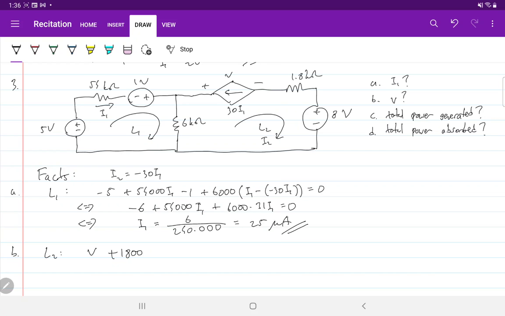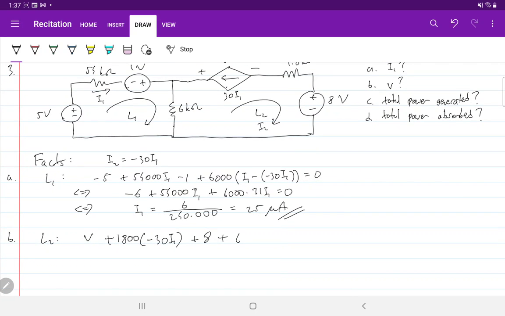What is I2? I2 is minus 30 I1. Then we have that voltage source, plus 8, plus 6k, so 6,000 times I1 minus minus 30, let's just write plus 30 I1, equals 0.